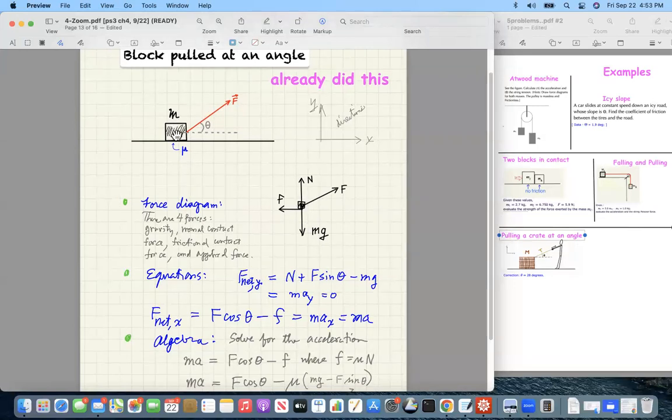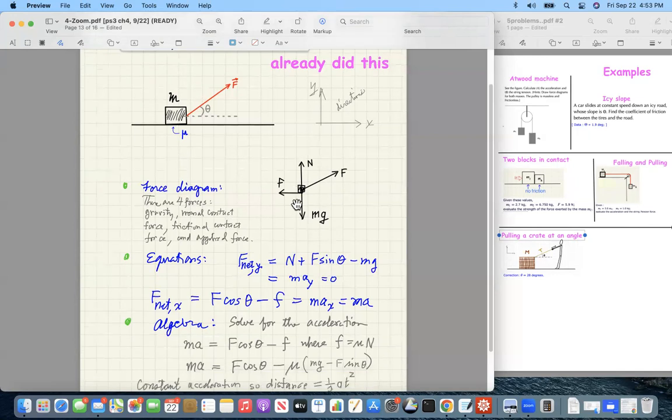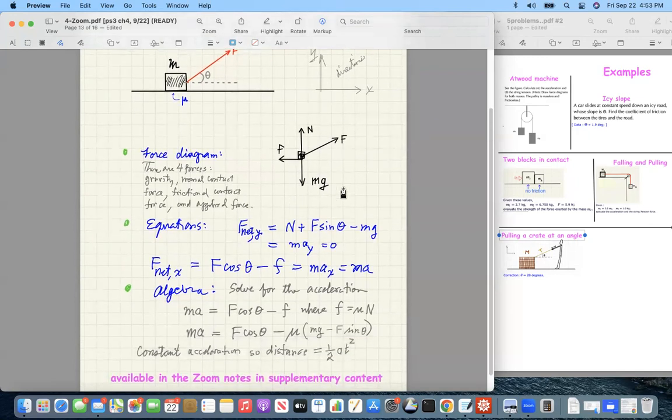There's the normal force perpendicular to the surface, perpendicular to the floor, so that's upward. There's the gravitational force, mg, pulling it down towards the earth. That's the weight. And there's friction, because it says in the problem that there's a coefficient of friction here. So you have four forces. So here's the force diagram.